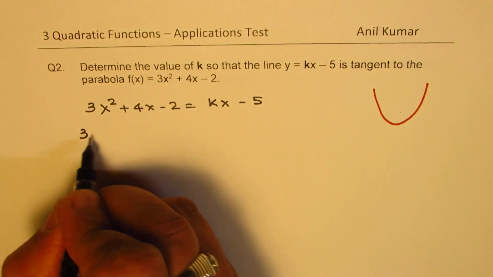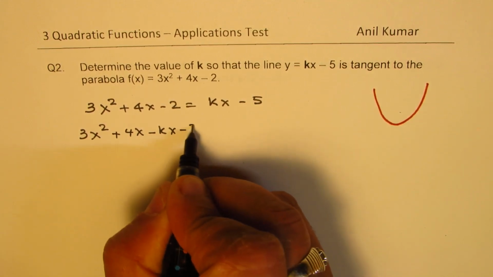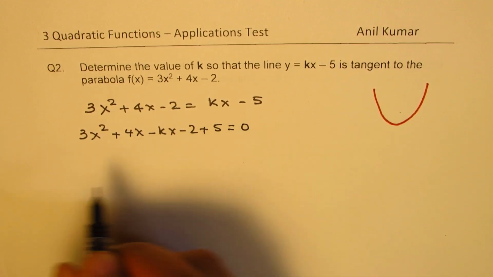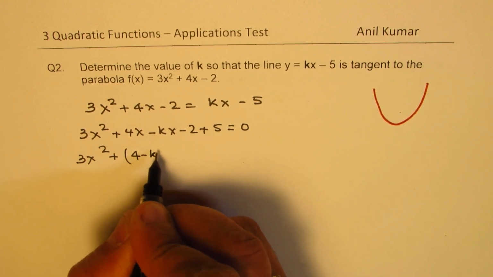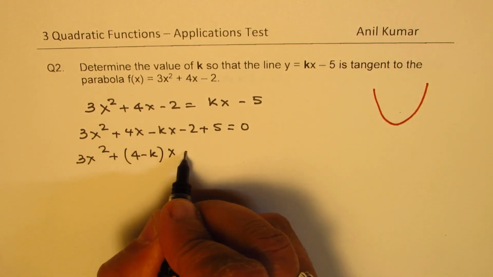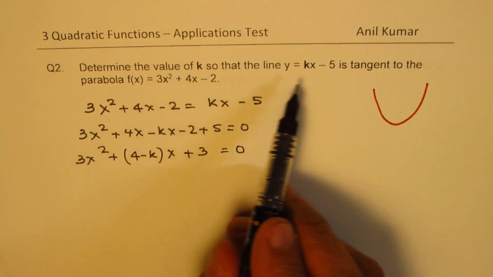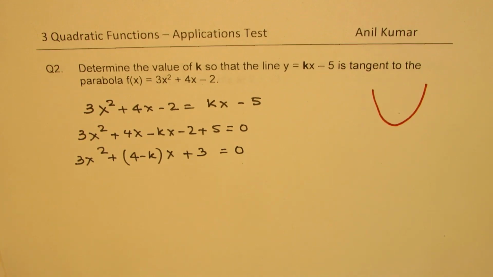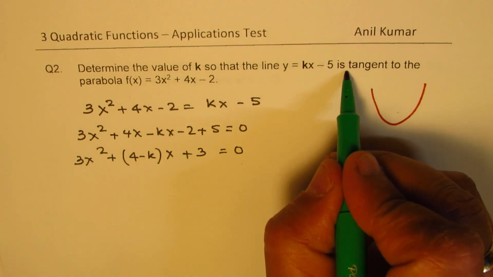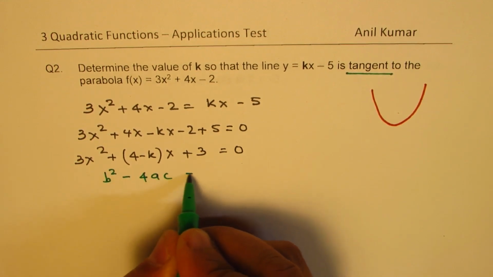Bring them together. So 3x squared plus 4x minus kx minus 2 plus 5 equals 0. That gives you 3x squared plus (4 minus k)x plus 3 equals 0. Now, if there is a question where you are looking for a tangent, it really means that b square minus 4ac has to be 0.